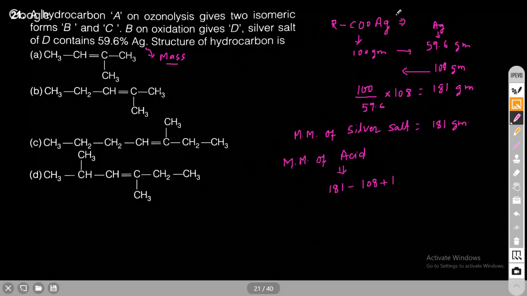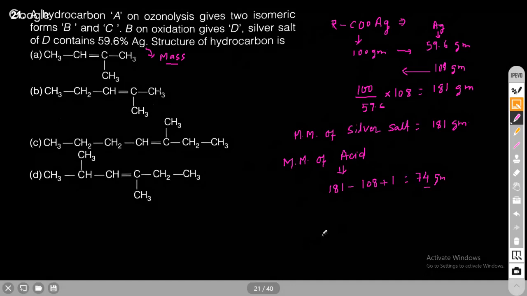You remove the silver, add H over here, and you will get the acid. So when you solve this, you get 182 minus 108, which is around 74. So it is 74 gram for the acid.